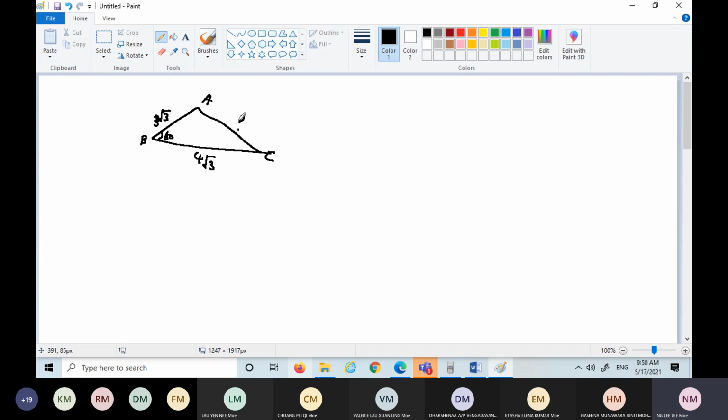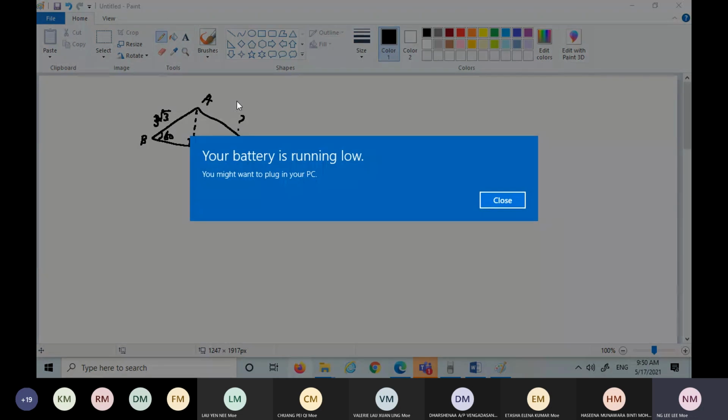You have to use your trigonometry knowledge. Let's see. Because this triangle ABC is not a right angle triangle, you have to wait for a while, battery low.